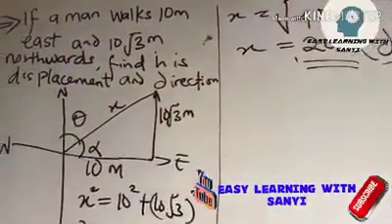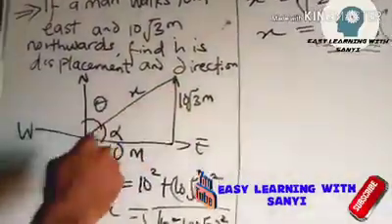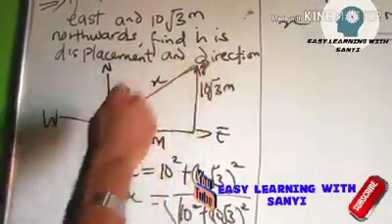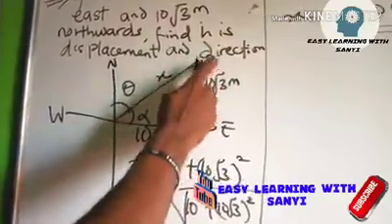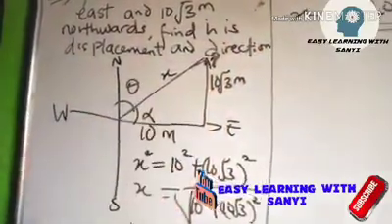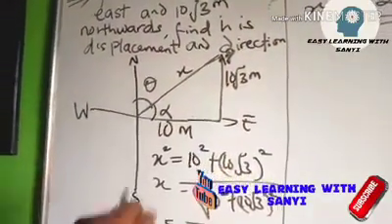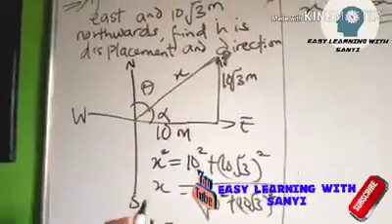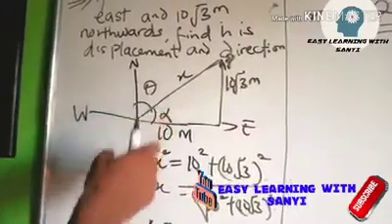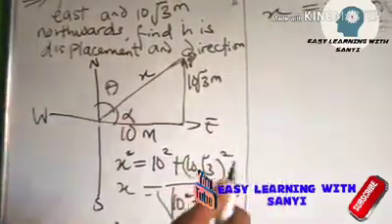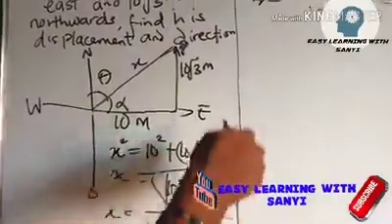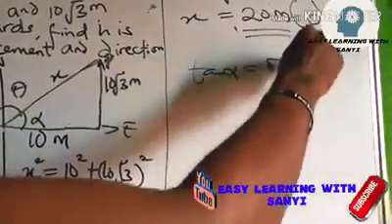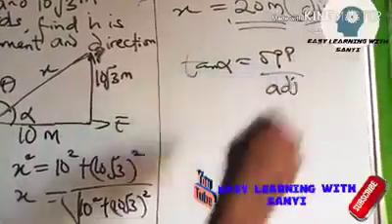Now to find the direction in which the man is moving on this plane, we are going to find angle theta. But to find angle theta, the first thing we do is find angle alpha. From our trigonometry, tan alpha is opposite over adjacent.